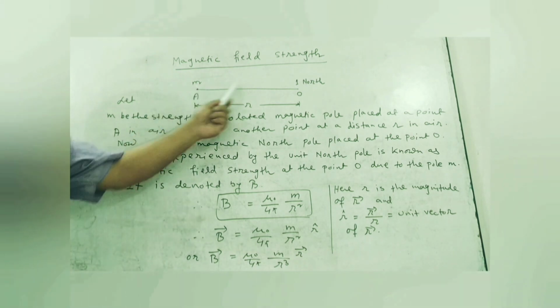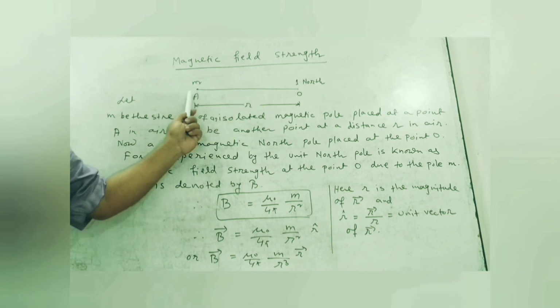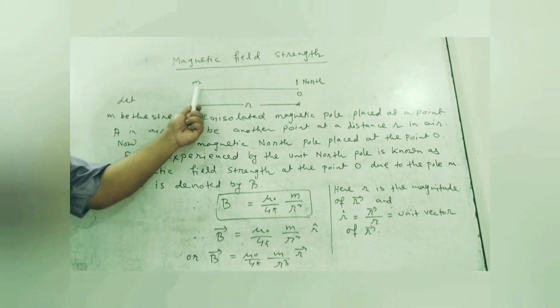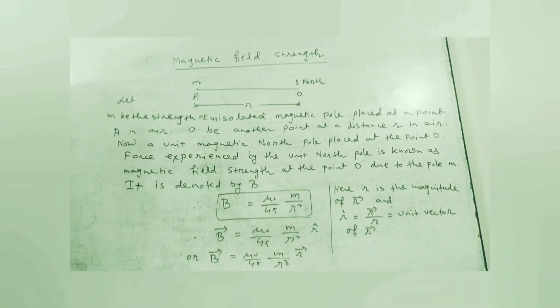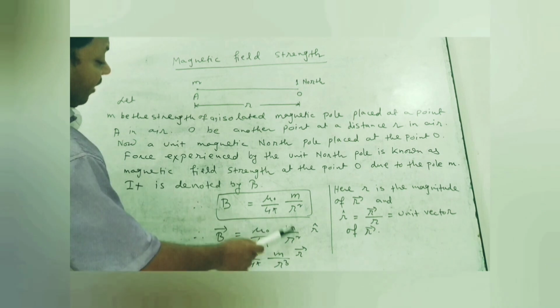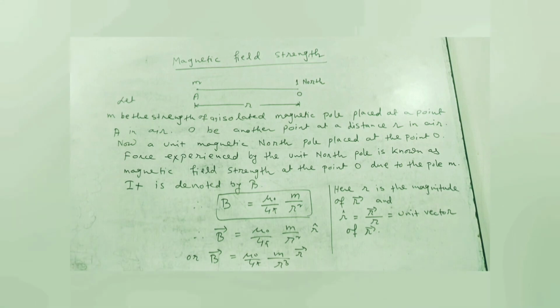In vector form we can write B vector is equal to mu0 by 4 pi m by r square into r cap, where r cap is the unit vector of r vector, and we know that r cap is equal to r vector by the magnitude of r. Here r denotes the magnitude of r vector. Therefore we can write that B vector is equal to mu0 by 4 pi m by r cube into r vector. This is the mathematical expression of magnetic field strength.